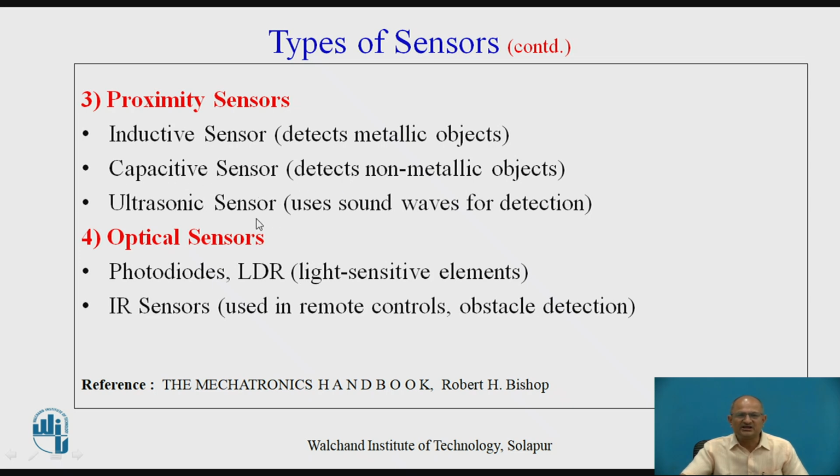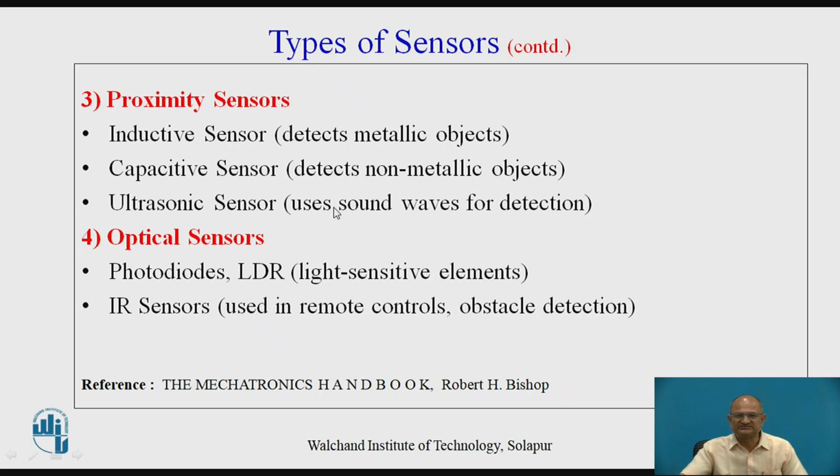And the ultrasonic sensor is also a proximity sensor, which is used for the detection of an object or sometimes for the measurement of the distance of the object from the sensor. This ultrasonic sensor uses sound waves.